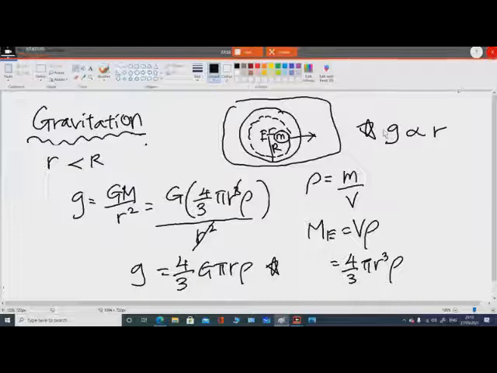So this is how we determine the gravitational field strength when the mass is inside or outside the Earth.